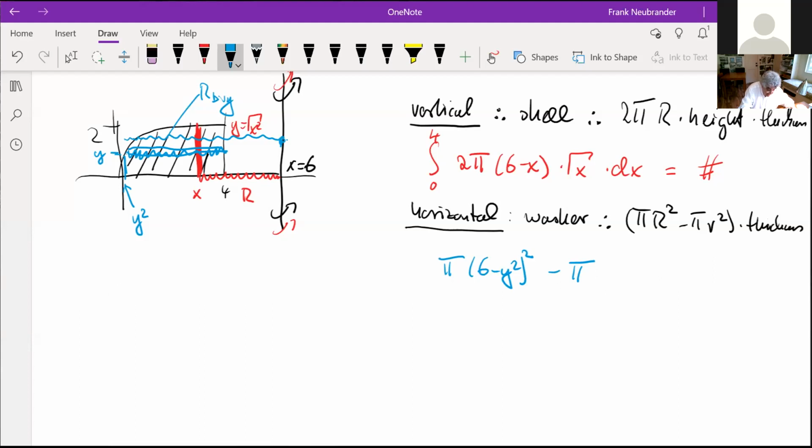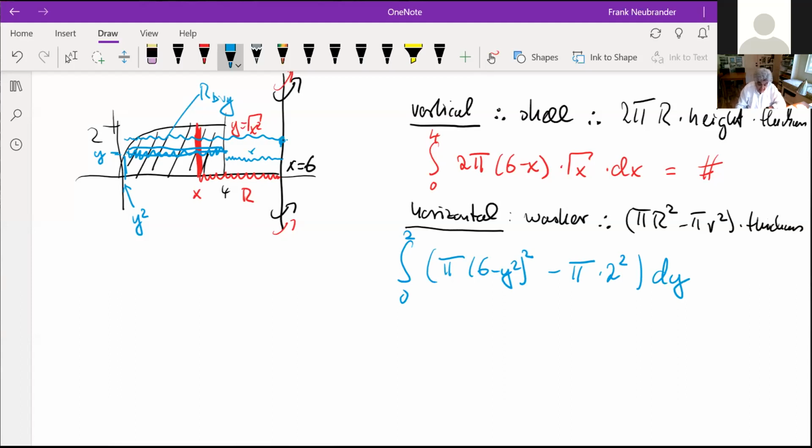The small radius is from here to there, so this is 6 minus 4, which is 2. And the thickness is dy, and you do this for all y between 0 and 2.